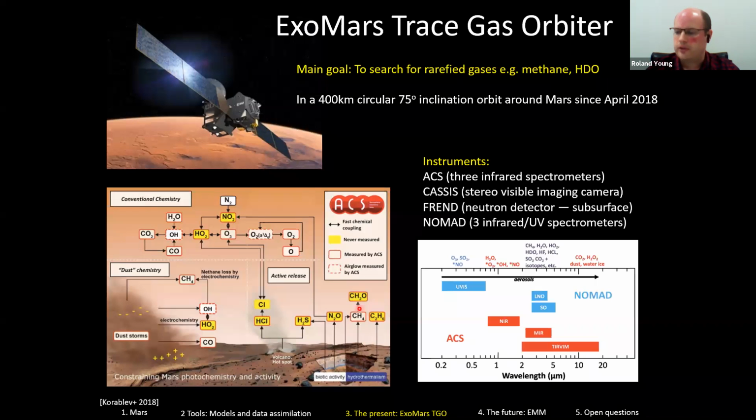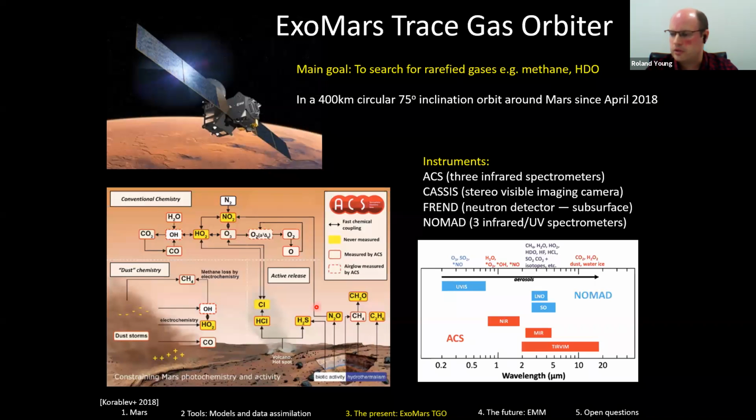For example, you can see methane is here. This would be a geological source of methane, but then other processes you would expect to find. If you have biological activity, you might expect to find methane combined with some of these other species.